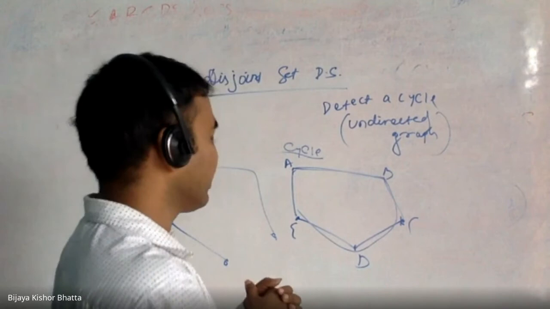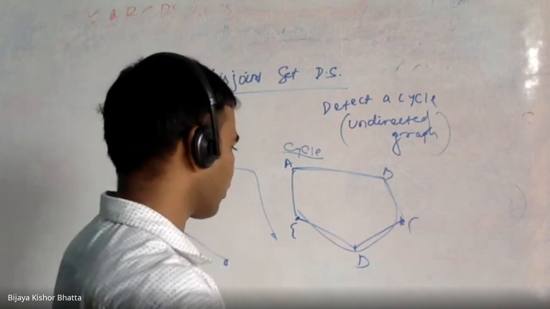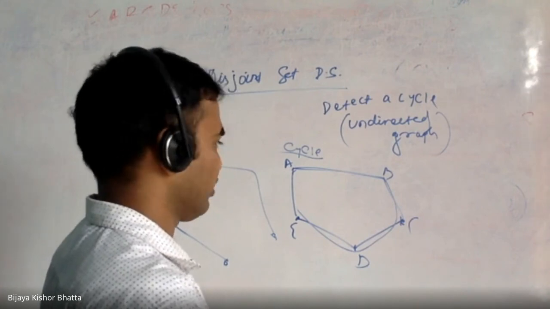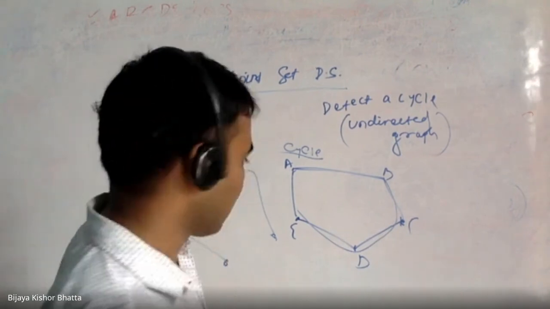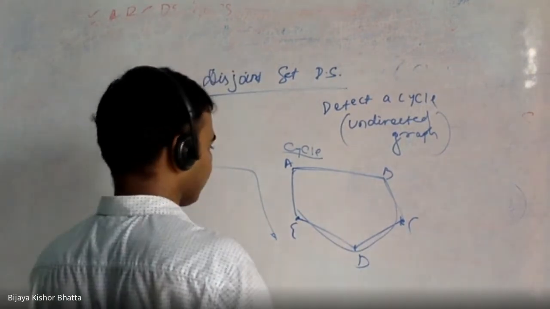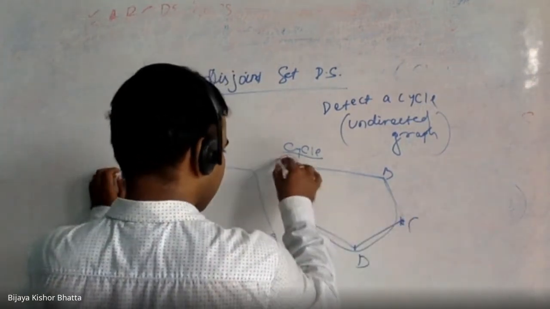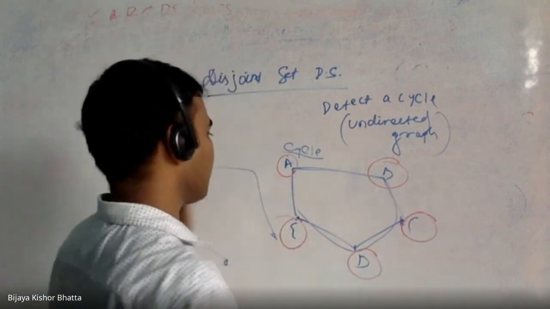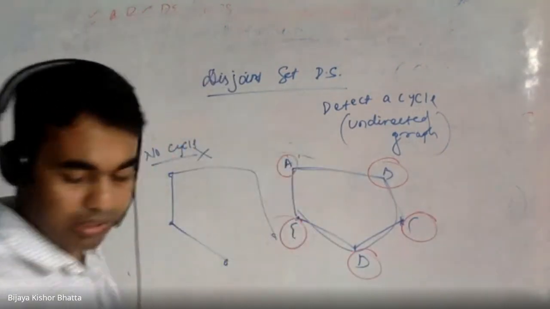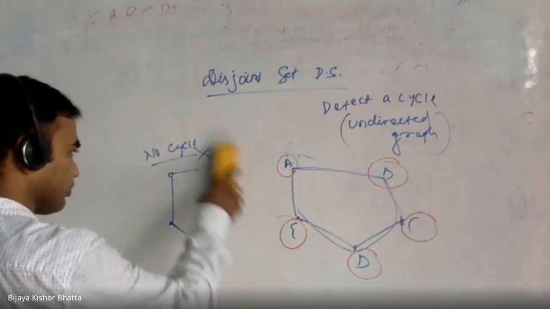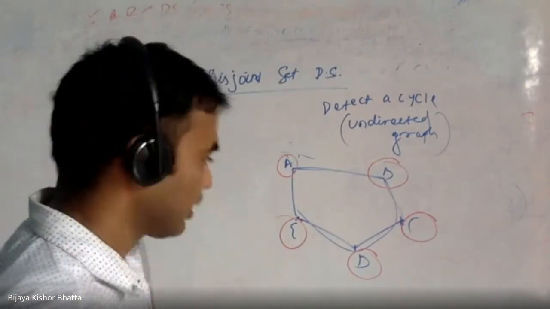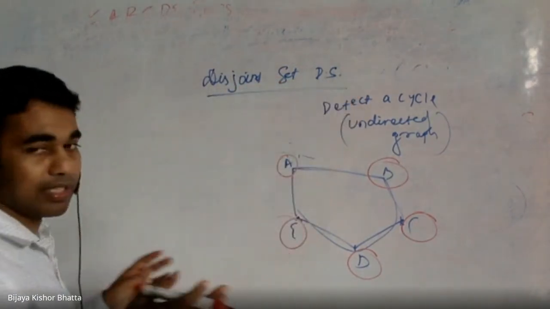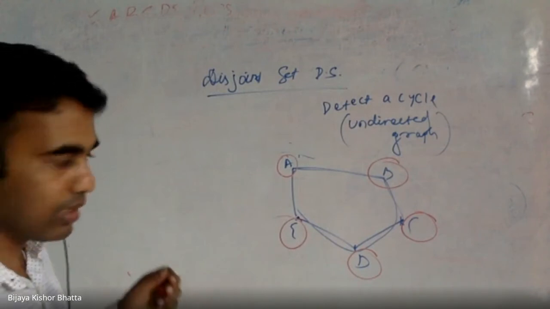But the basic idea I will tell you. Just try to understand, I'll give an example. Suppose you take a disjoint set data structure. It is a set, some set you are creating, and it is a disjoint set.